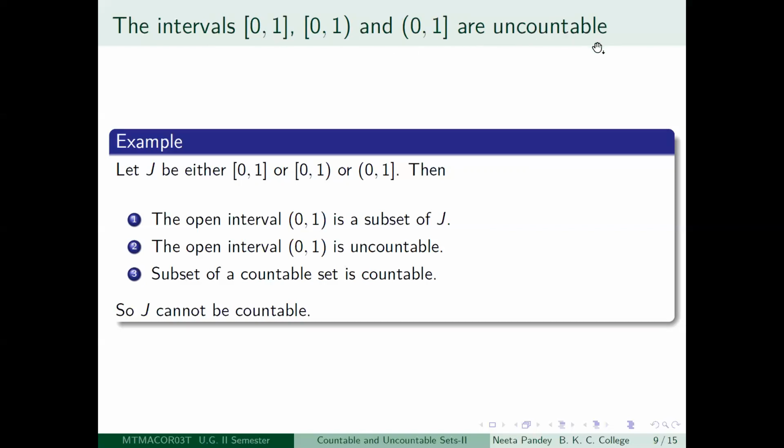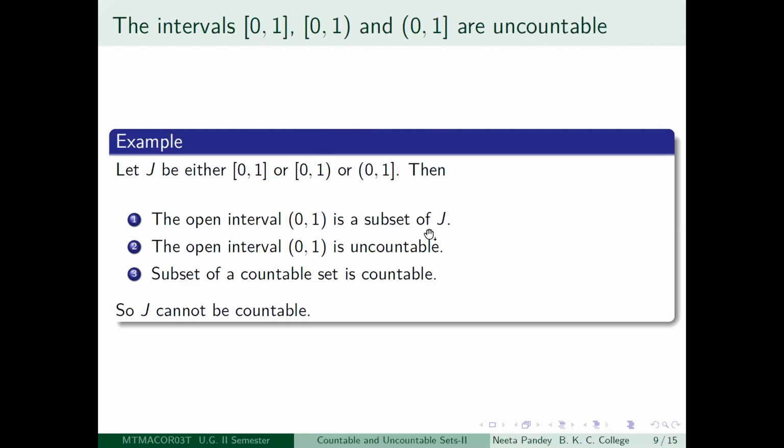Why? Because in the last lecture we had seen that a subset of a countable set is countable. So the open interval (0,1) is a subset of any of these. So what have we written? We have said that suppose J is any of these three intervals, then the open interval (0,1) is a subset of it, and the open interval (0,1) is uncountable.